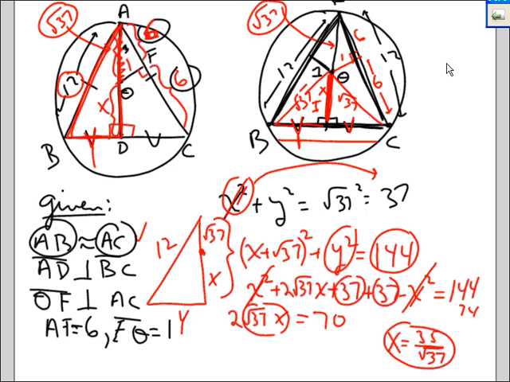But we've already said that y squared is 37 minus x squared. And this will give us 37 minus 35 squared, which is 1225, over the square root of 37 squared, which is 37.